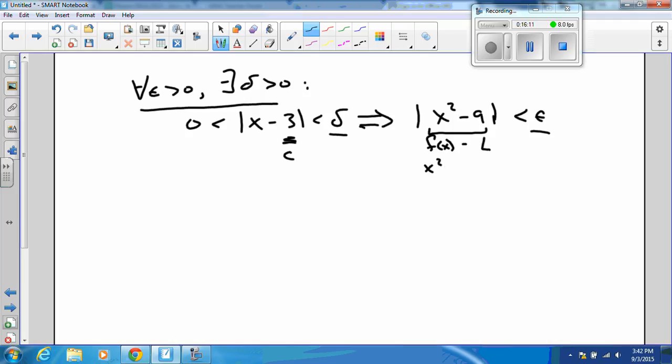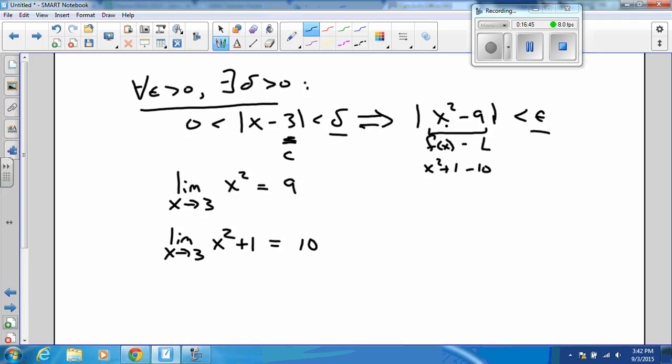There's an infinite number of possible f of x's and L's, but this is the simplest one. And so a way of translating this back into a statement about limits would be to say that the limit as x goes to 3 of f of x is equal to L. Or, if I chose a different f and a different L, then I could say that, and so on and so forth.